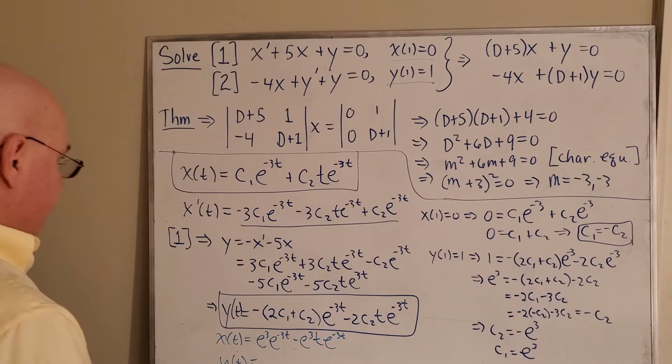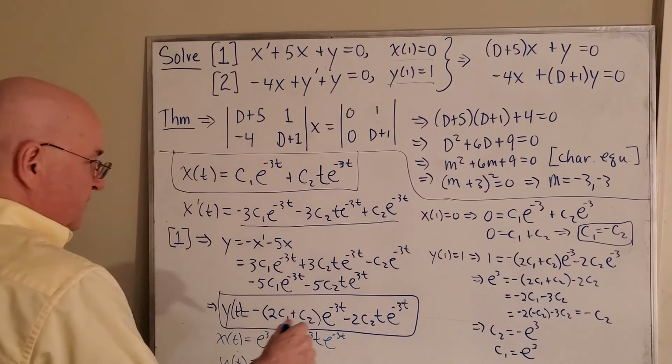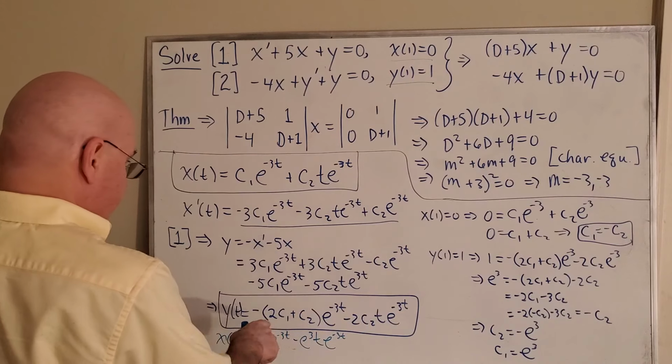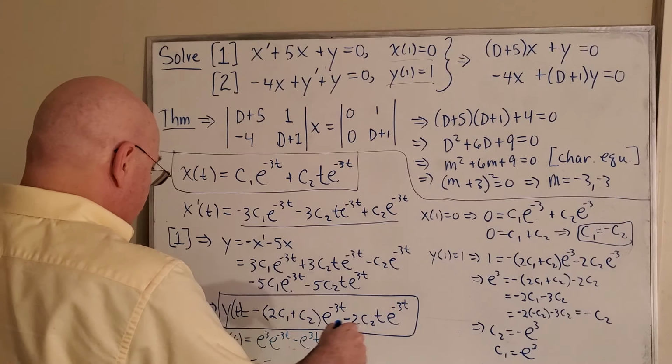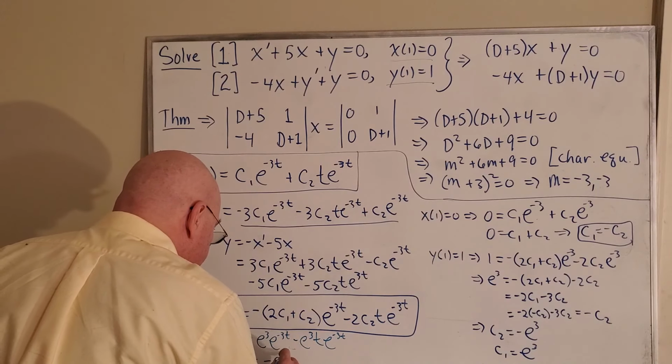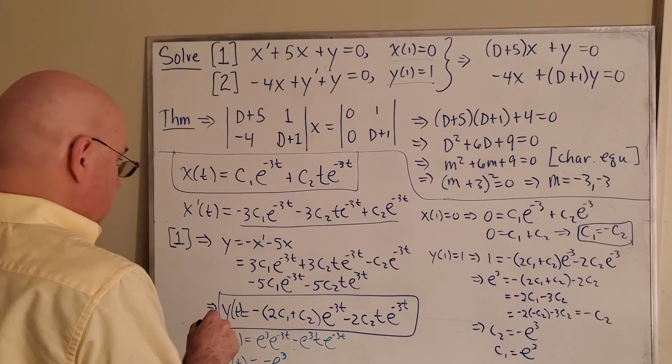Okay, what do we got here? We're going to have a negative 2C1 is 2e cubed minus an e cubed would just be an e cubed, so negative e cubed, because that was 2C1.